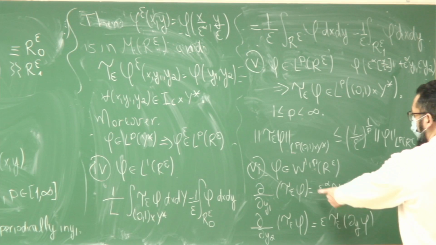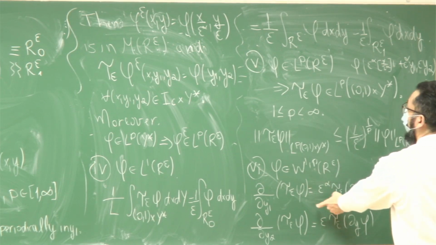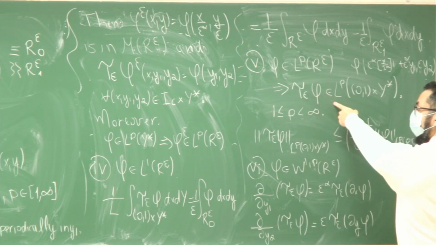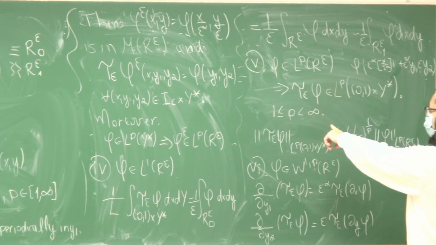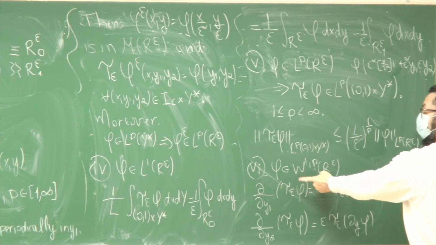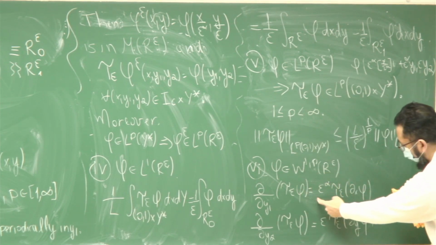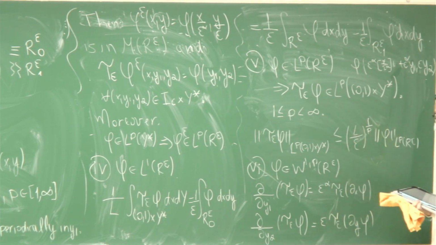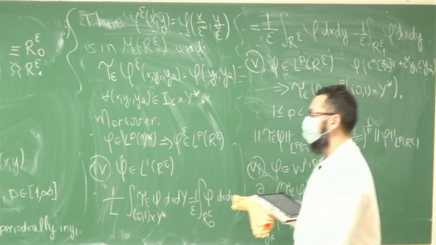Of course, if you have a Sobolev function, you can use the last two properties to get the relation between the W1P norm, and a power of epsilon will appear in front of the W1P norm.